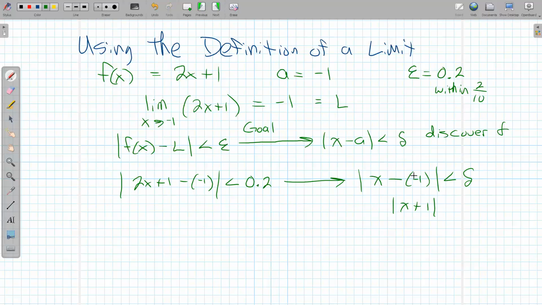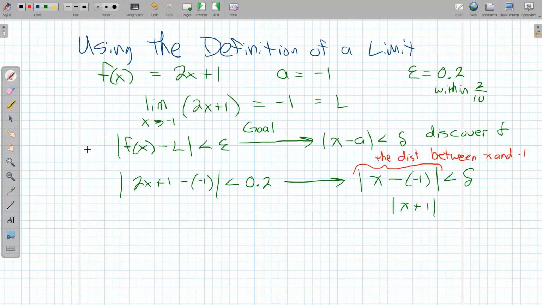But a reminder about the interpretation of the absolute value: it means the distance between x and -1. Whenever we take the absolute value of a difference, that finds the distance between those two numbers for us.